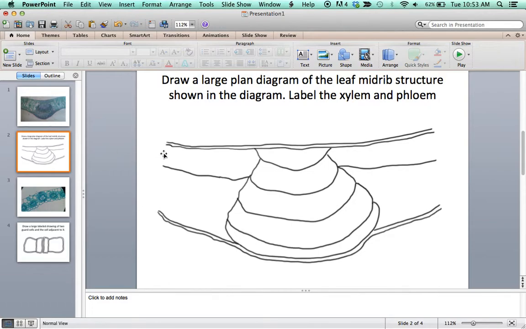Now this layer here will be the palisade mesophyll layer, and this layer here will be the spongy mesophyll layer, and this is your lower epidermis layer. Now in the middle, from the top, this is the parenchyma becoming sclerenchyma.